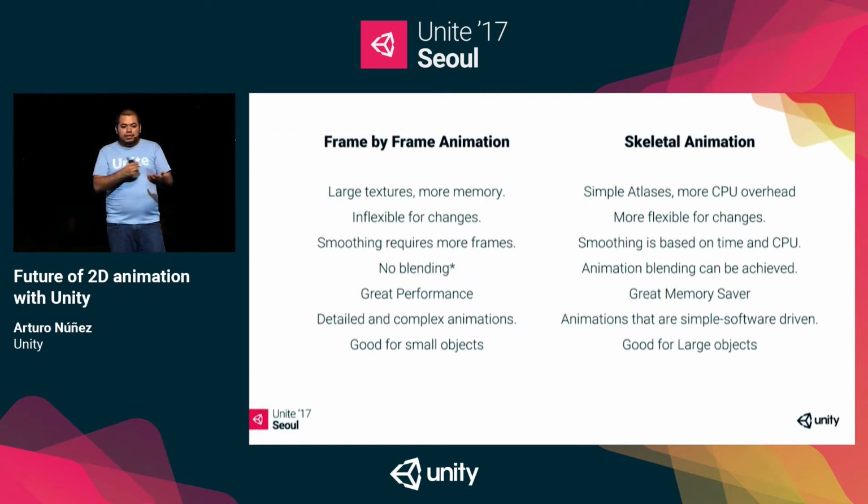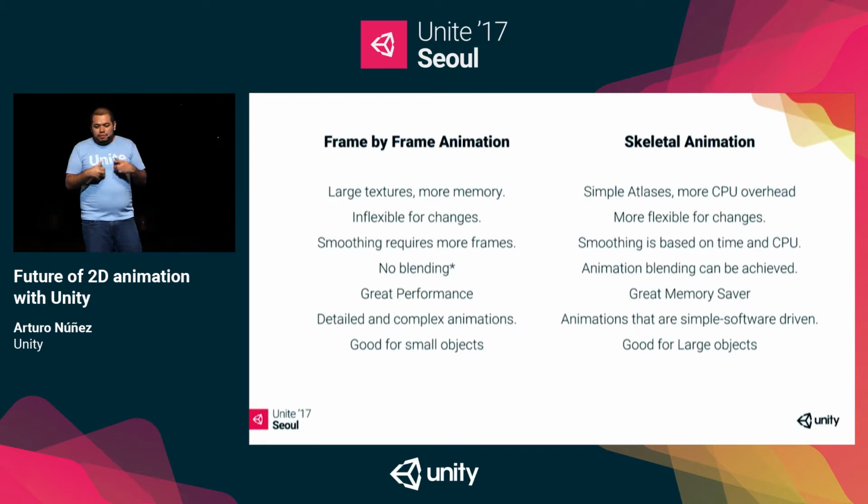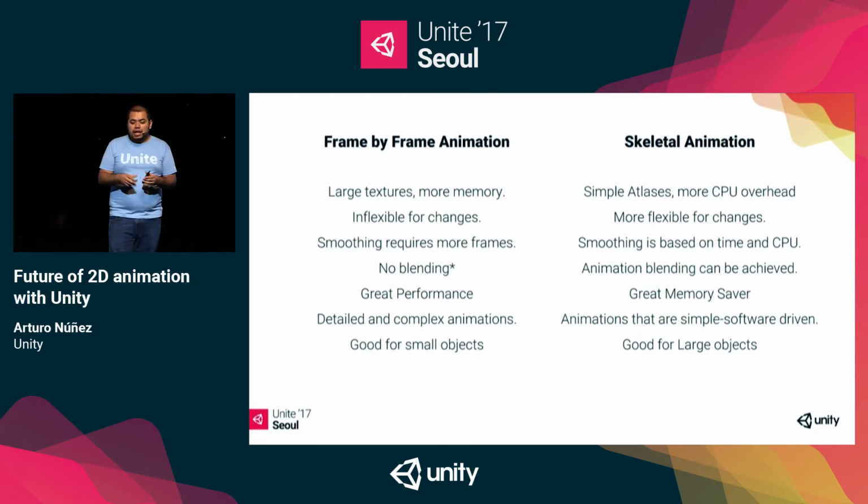There's no hard limit. No one will tell us, oh, if you select this technique, you cannot use the other one. So for instance, if you want to have a lot of small characters in the background doing something really simple that the player won't be able to see with a lot of detail, you can have a couple of frames, and you can just be switching between the frames, and that will be super fast, and you will have small textures.